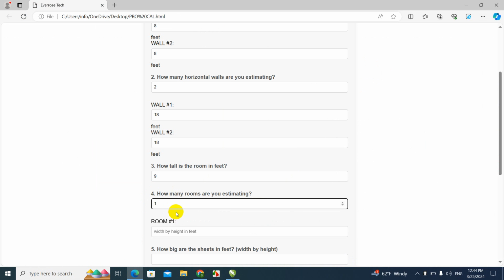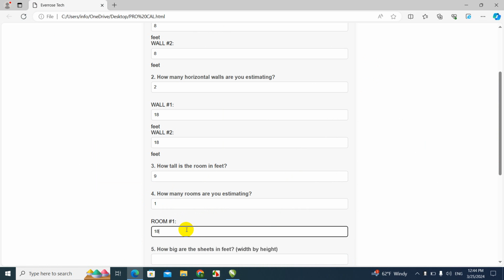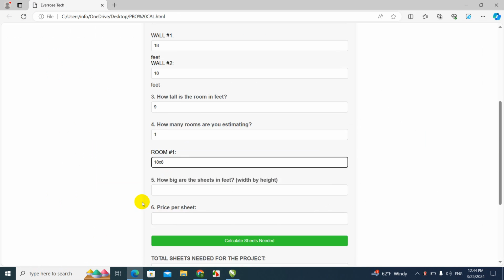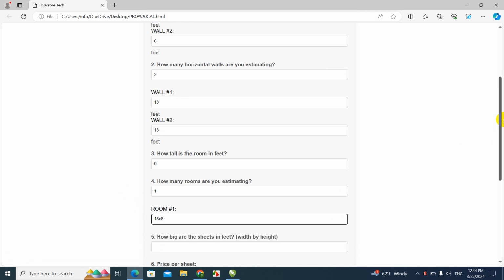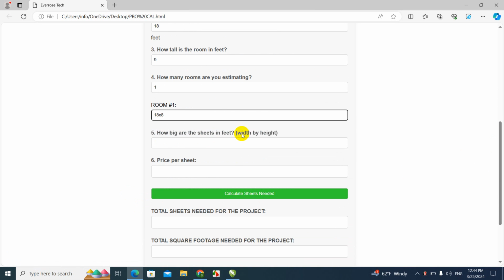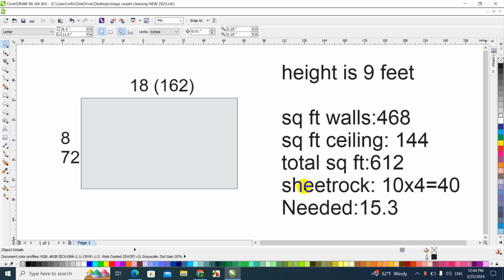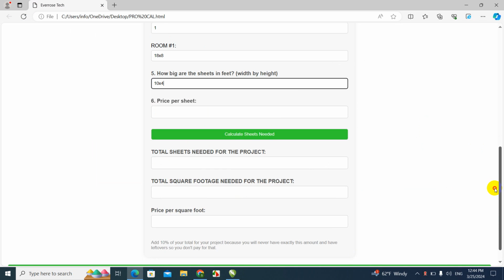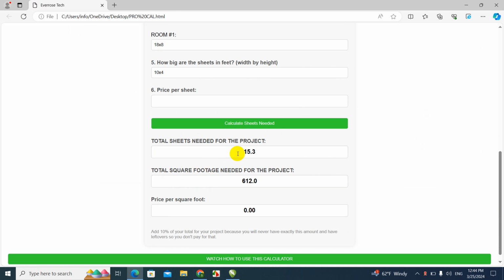It's only one room and it is 18 by 8. This is gonna get the ceiling. And now, question number 5, how big are the sheets in feet? The sheets that we're gonna use for this project are 10 by 4. So we're gonna type that here, 10 by 4. And we're gonna skip number 6 for now. So let's calculate and see.